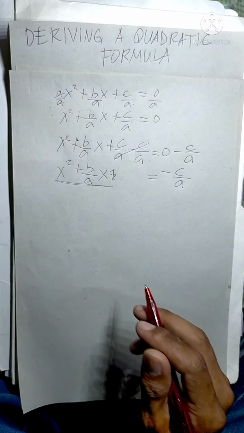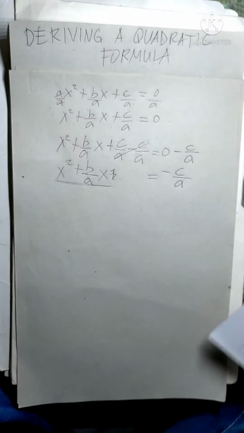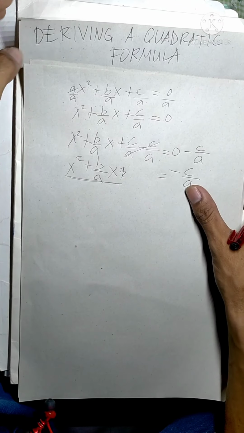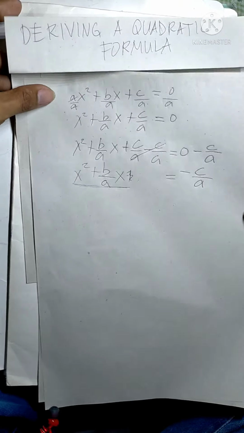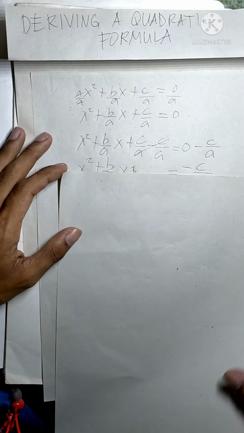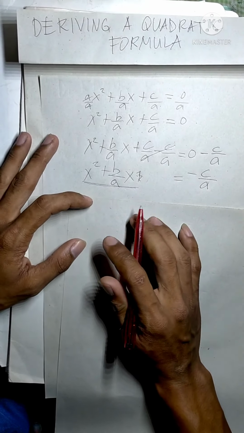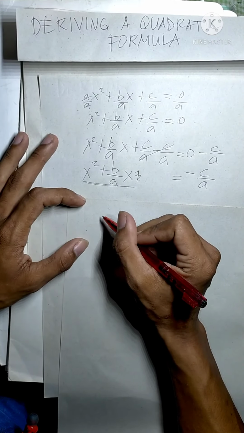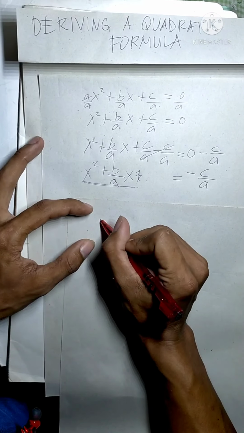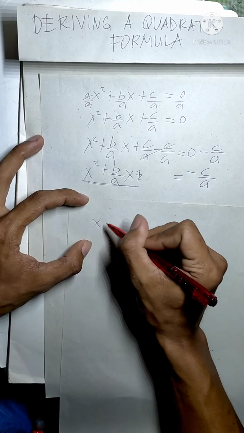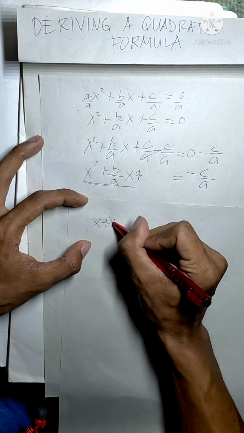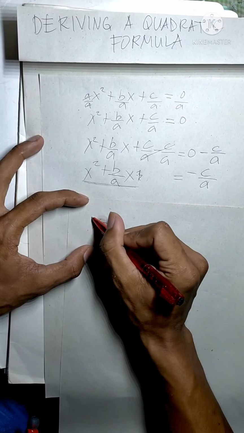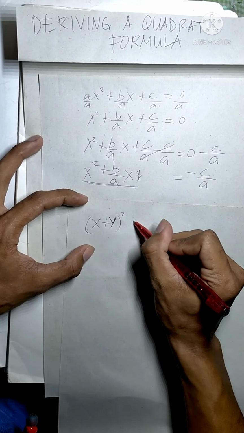So what is a perfect square trinomial, by the way? Let's review. Suppose this is x plus y, squared.